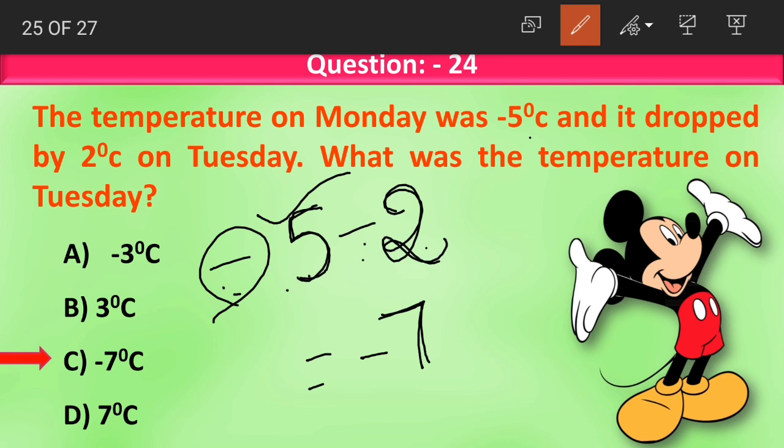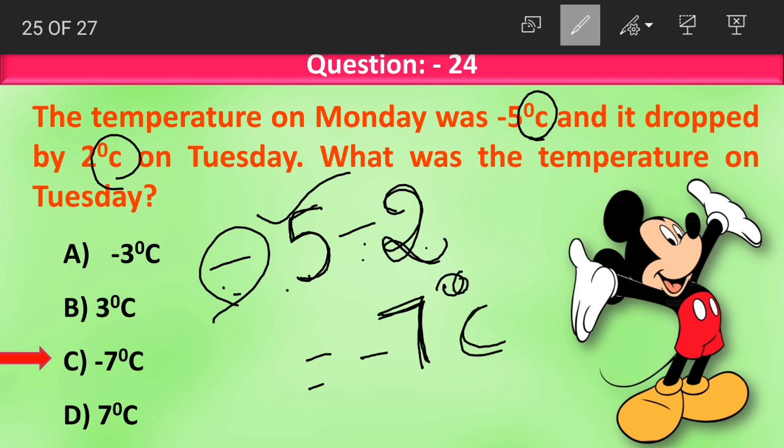And another important thing is, in the question, the numbers are given using the Celsius unit of measurement. So the answer should also be written in the form of Celsius.